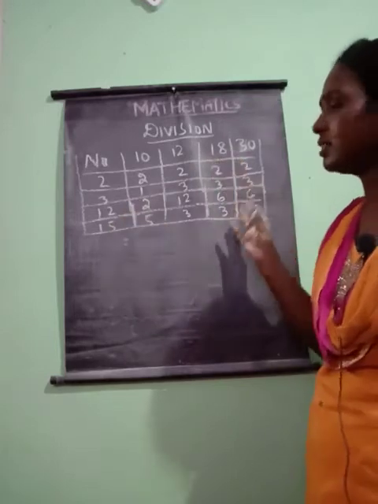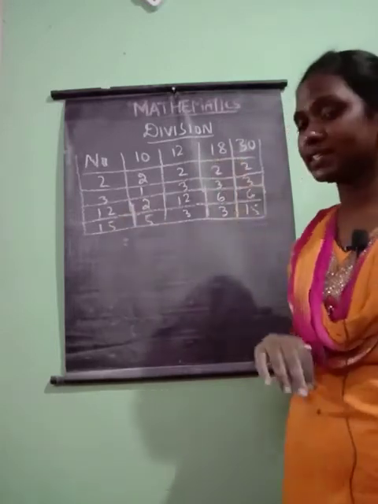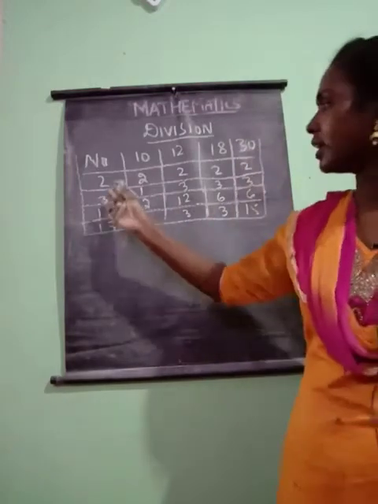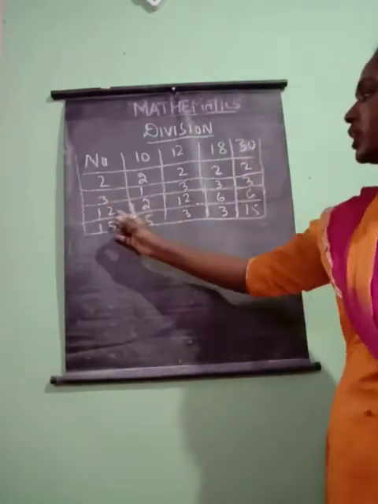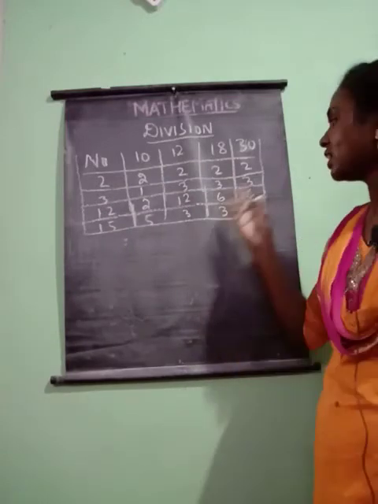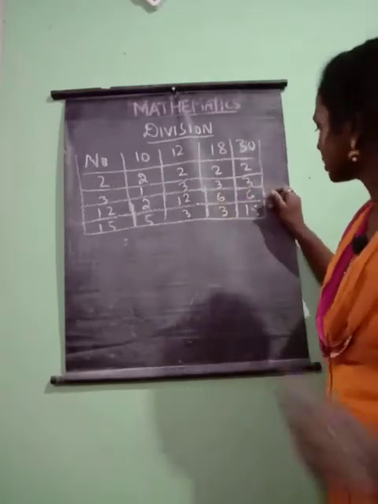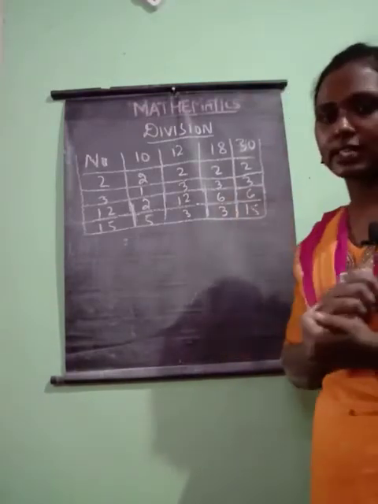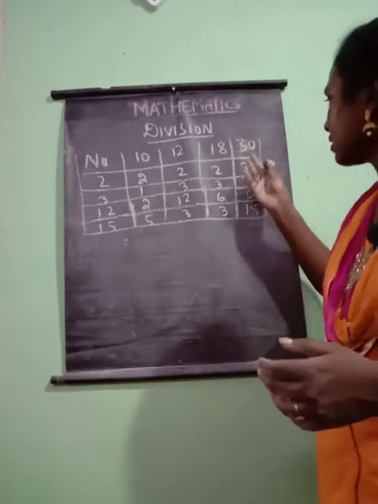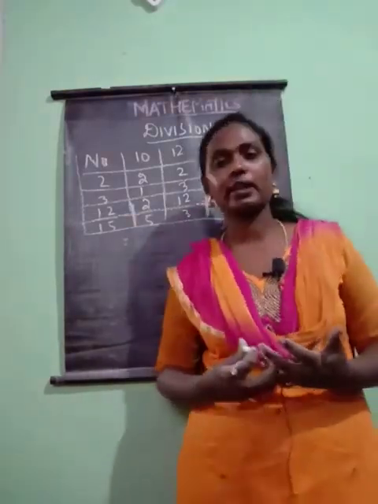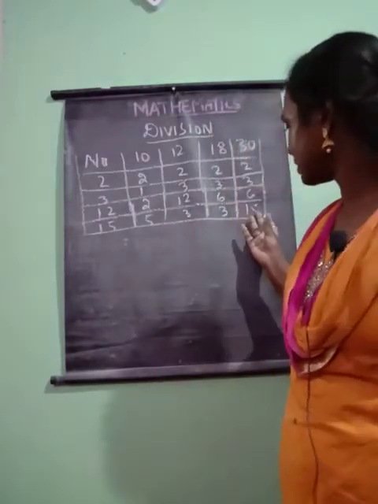For 15 and 18, 3 is the HCF. For 2 and 30 we get 2 only, for 3 and 30 we get 3 only, and for 12 and 30 we get 6, because 6 2s are 12 and 6 5s are 30. For 15 and 30 we get 15, because 15 ones are 15 and 15 2s are 30. So 15 is the HCF.